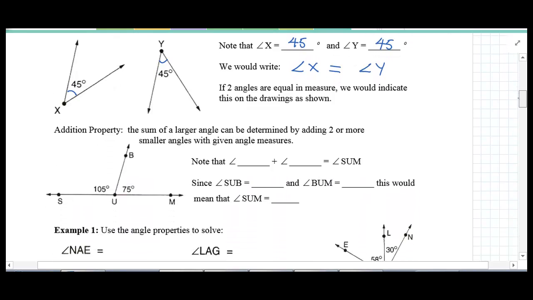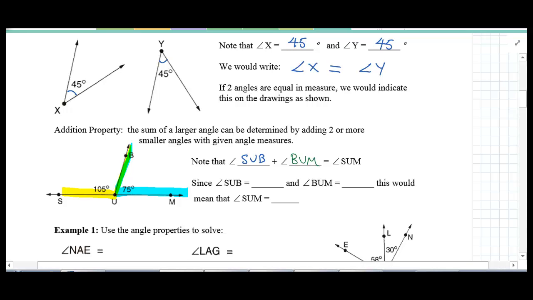Some more properties besides the congruence one. There's the addition one. The sum of a larger angle can be determined by adding 2 or more smaller angles. So you look at this diagram. Can you see my small angle here? It's angle SUB, the sub. And can you see this other angle here? BUM, the bum. Did I just say bum?